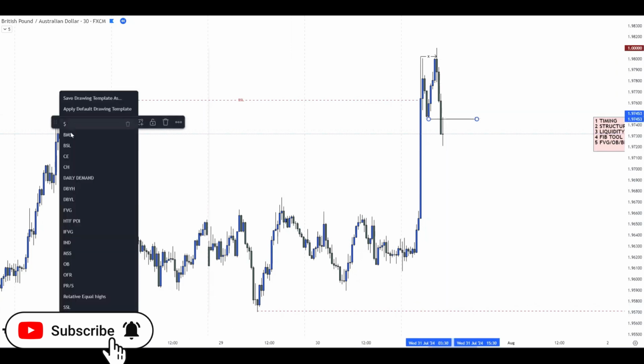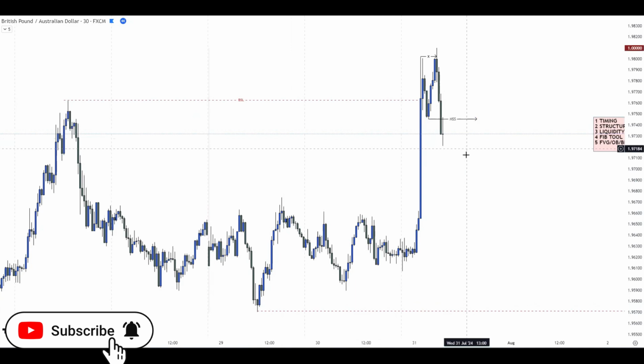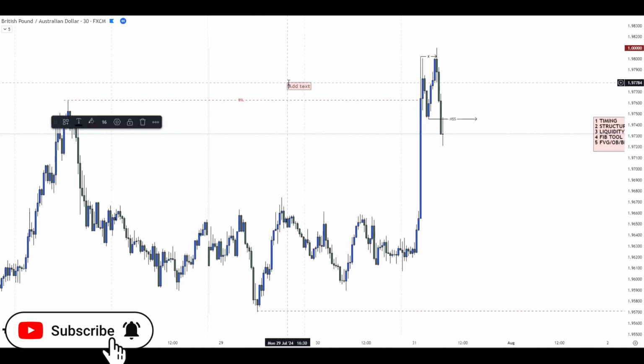So right now I have my second. My first confirmation was this liquidity drop. Let's say liquidity here. My second confirmation, the market shift down.